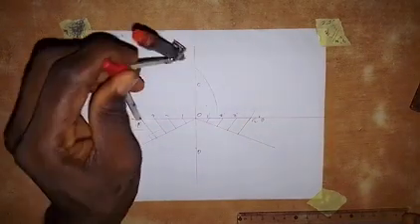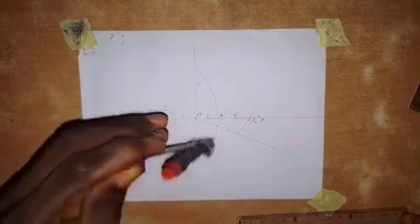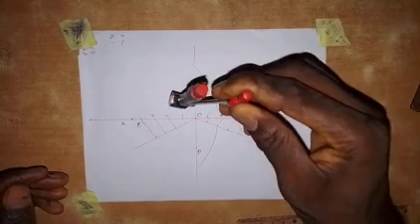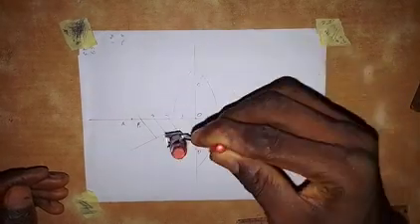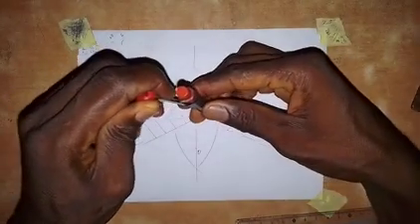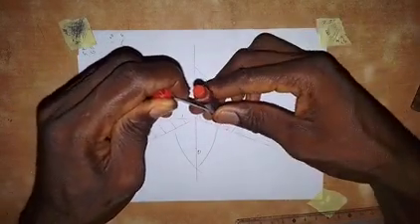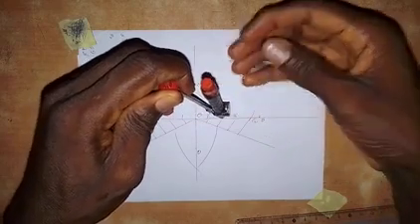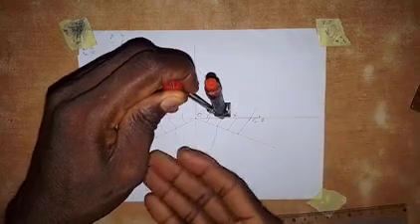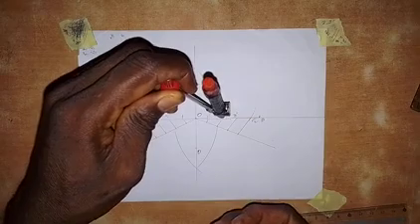Draw an arc up and down, and then put it at F2, the same radius at F2. So draw arcs up and down here.